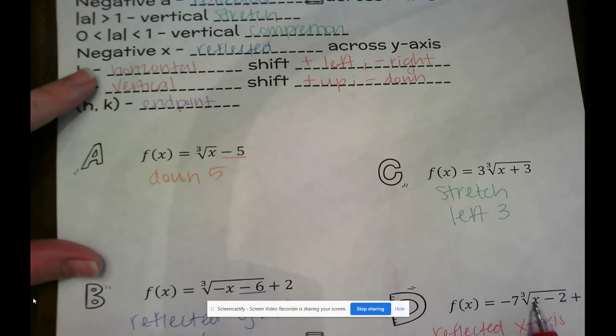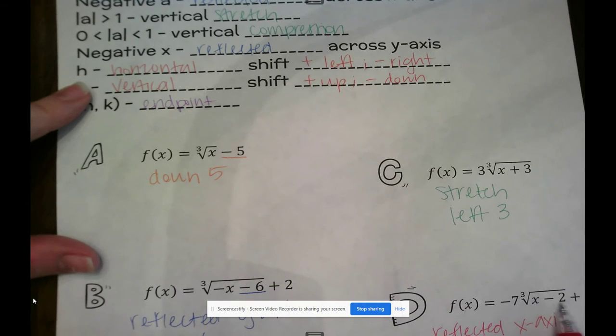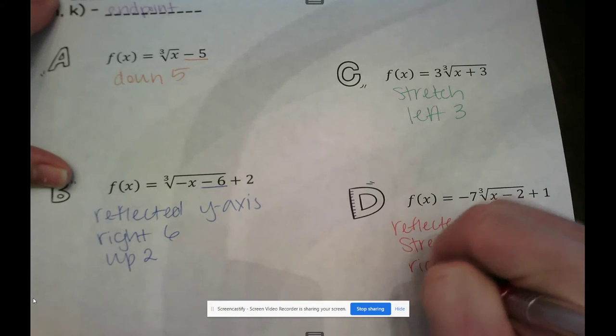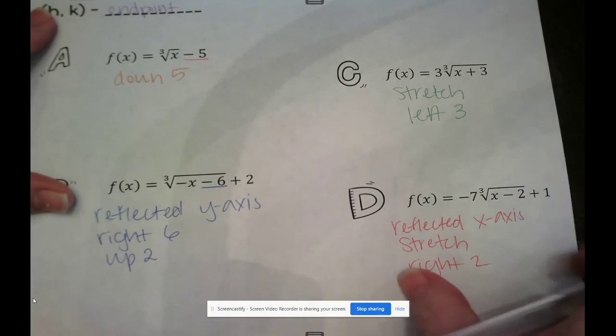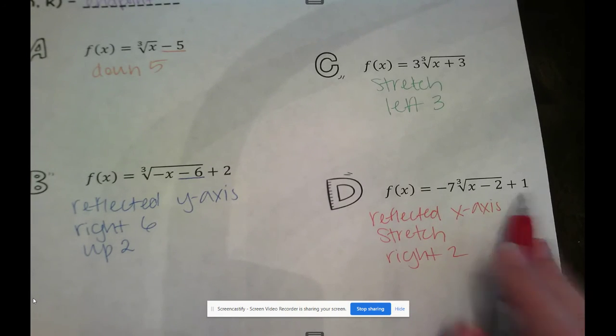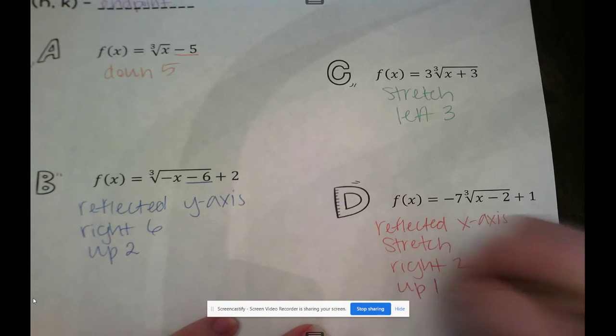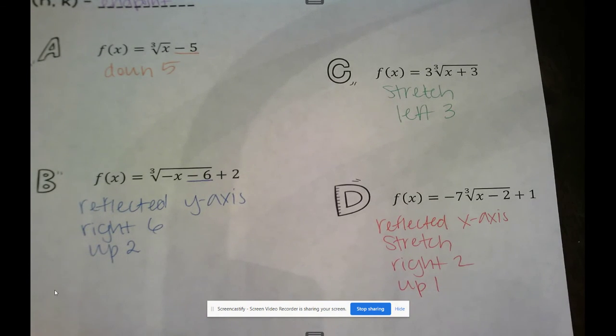Is there a negative in front of the x? Nope. Is there an h, a number inside the radical? There is. It's negative 2, so we're going to go to the right 2. Is there a k, a number outside? There is. It's plus 1, so we're going to go up 1. That's it. Let me know when you have questions.